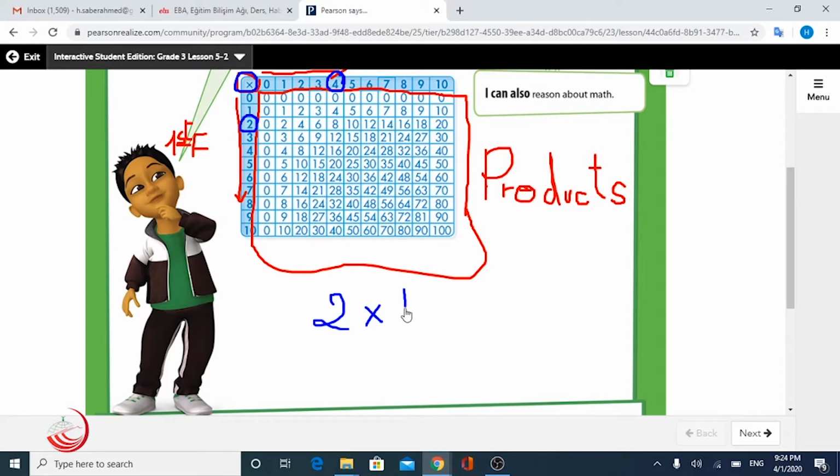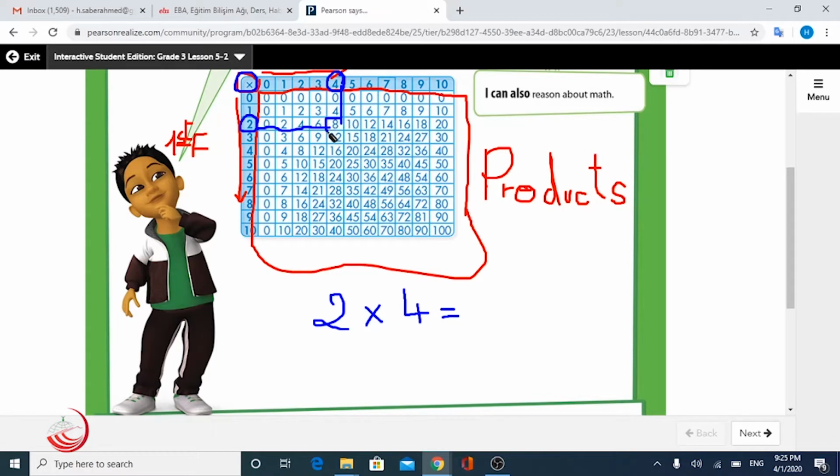What's the product of 2 times 4? Don't answer. I want you to look at the multiplication table. How will I go? I will go with the first factor using the row of the first factor, like this, until I meet the column of the second factor, 4.